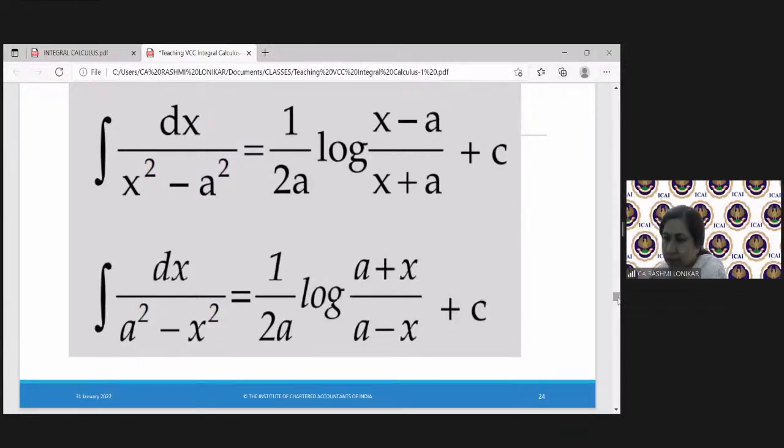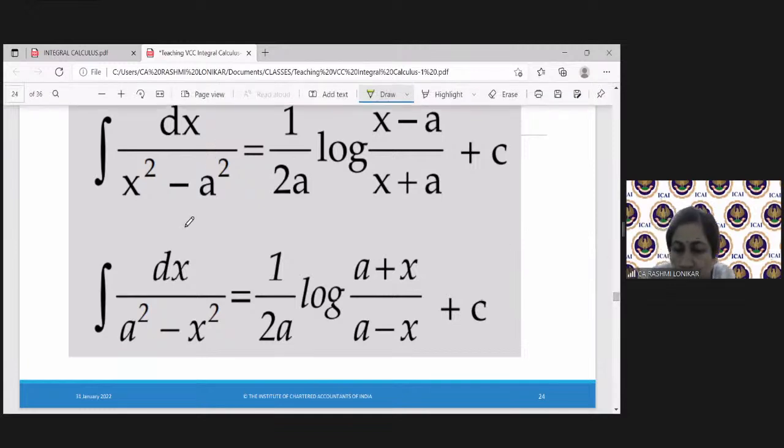Great. Now these are some of the formulas that we have. The integration of dx upon x square minus a square is equal to 1 upon 2a log of x minus a upon x plus a.